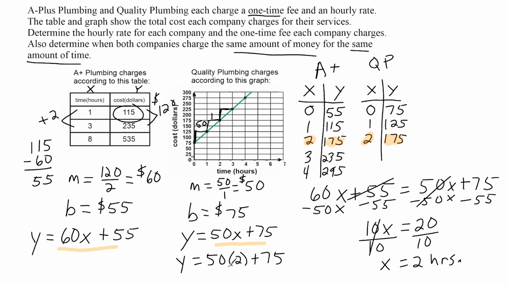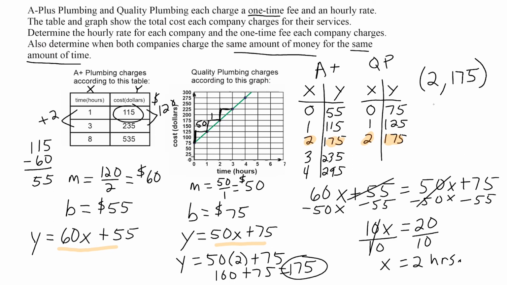And 2 times 50 is 100 plus 75 equals $175. So we can express this answer as an ordered pair as well. We can say our x value is 2 and our y value is 175.